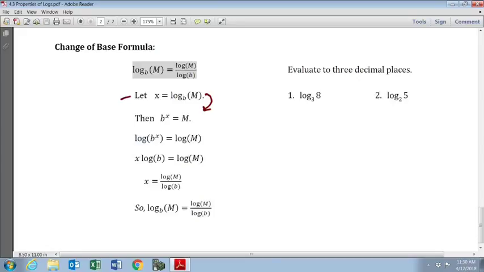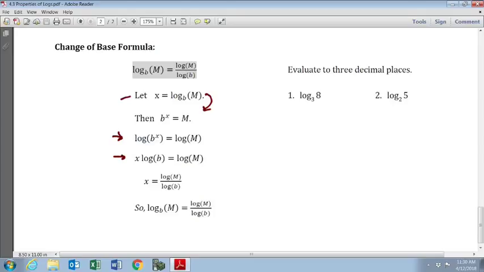And then I took the log base 10 of both sides here, and notice I used the power rule to move that x out front on the left side.